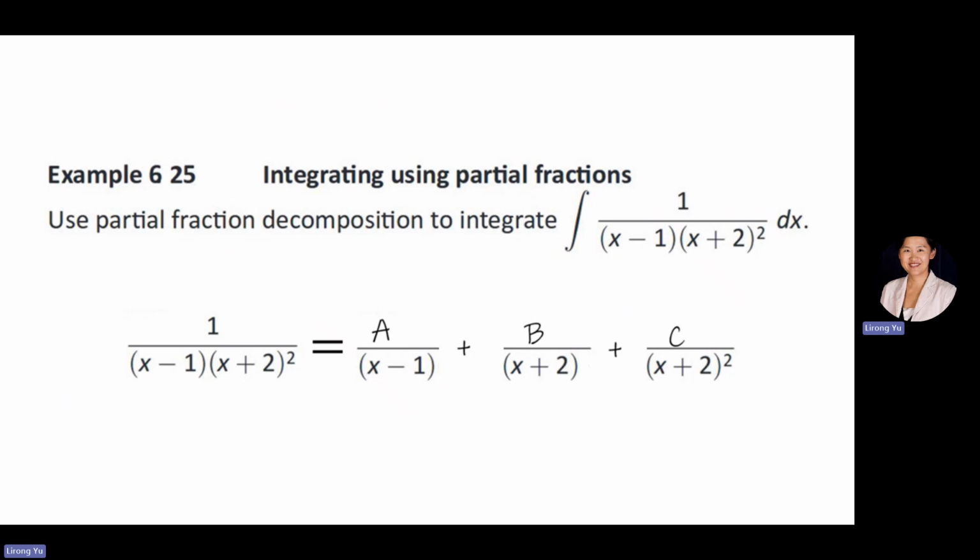Whatever the higher power is, that power will be how many terms you need to match it. Maybe some of them could be a small number or even zero, but you have to have all of them. So this is really the setting. We set it up to know that if this is decomposed, those numbers have to be solved.